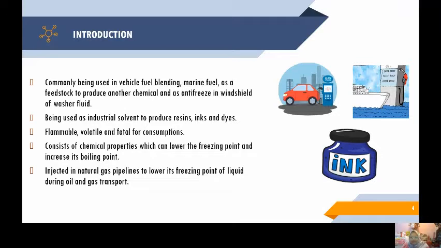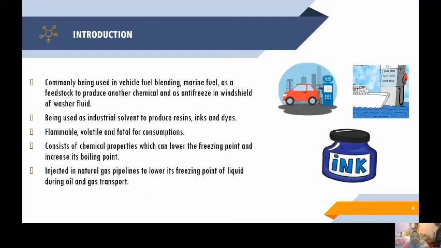And it is used as antifreeze as well in windshield washer fluid. So it is used as an industrial solvent to produce resins, inks, and also dyes. And most importantly, methanol is flammable, volatile, and fatal for consumption.